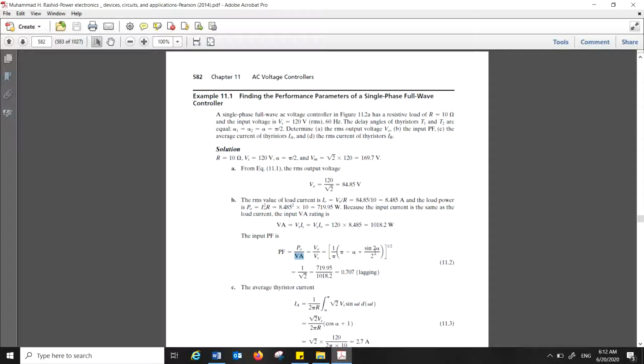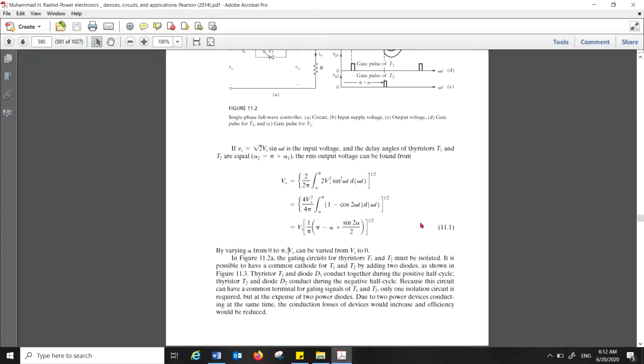We already know this equation and the firing angles, and it is 0.707. This power factor equation, V naught over Vs, comes from here.